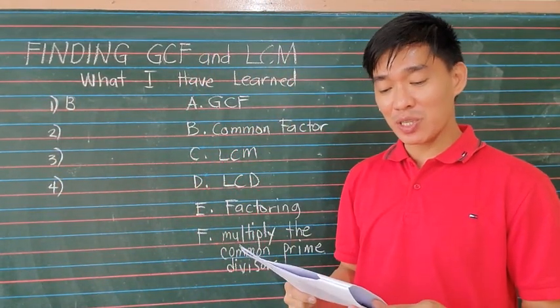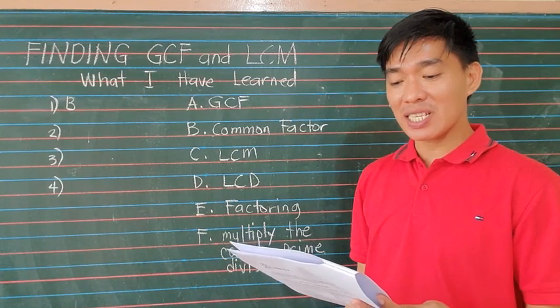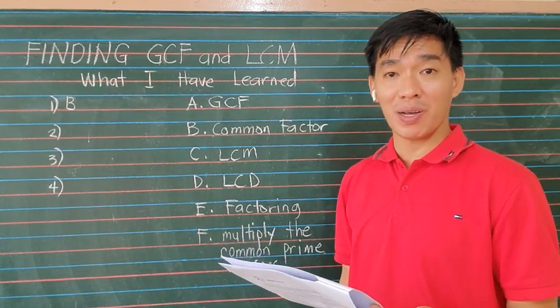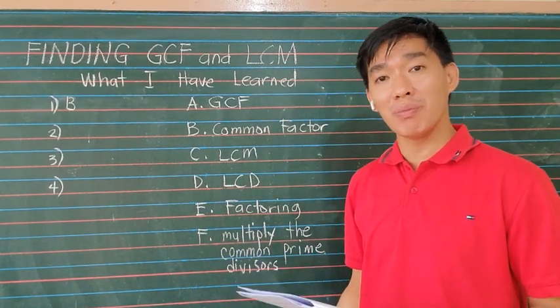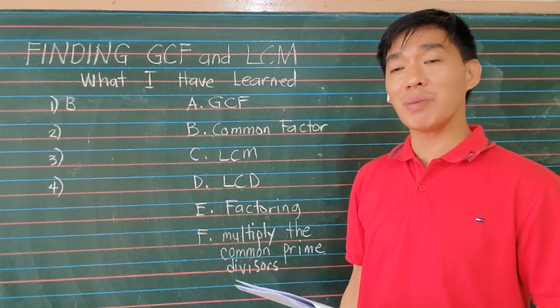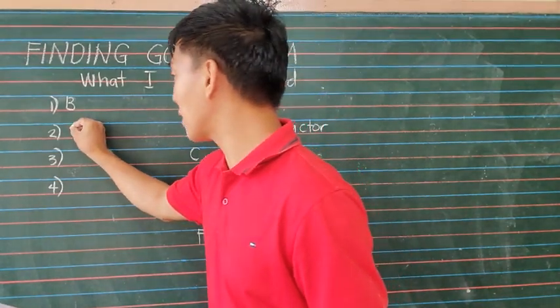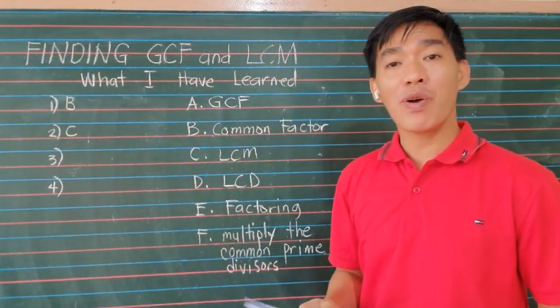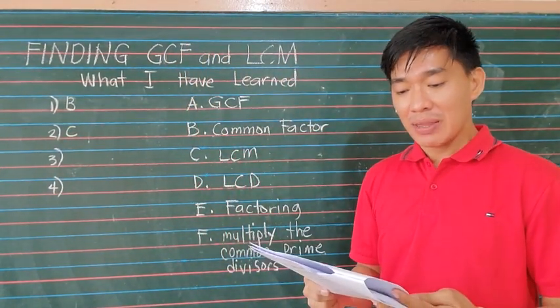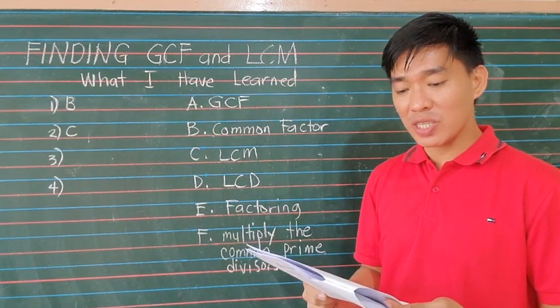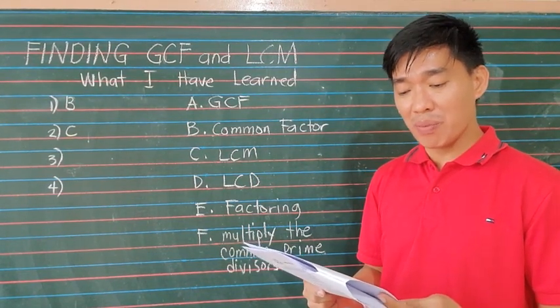For question number 2, it is simply the smallest of the common multiples. Of course, the first common multiple or the smallest multiple is what we call the LCM. That's letter C.